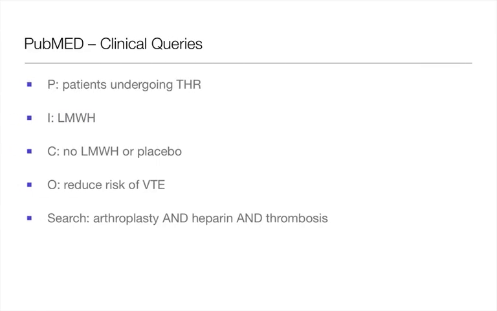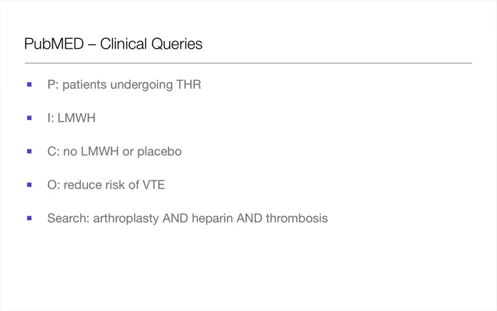So just as an example, if we were to go back to the example we used previously, looking at patients undergoing total hip replacement in order to see whether giving these patients low molecular weight heparin reduces the risk of venous thromboembolism.